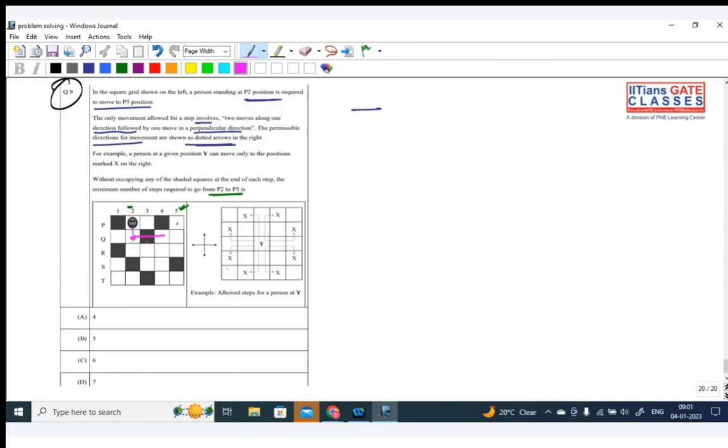And where is P5? There is only one step, three steps, right?